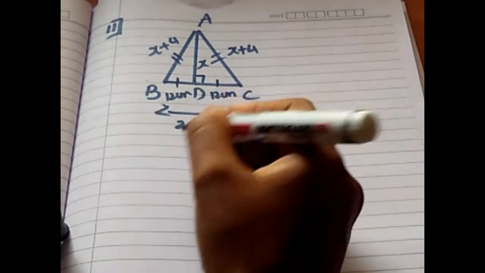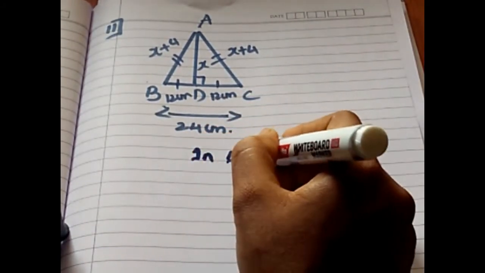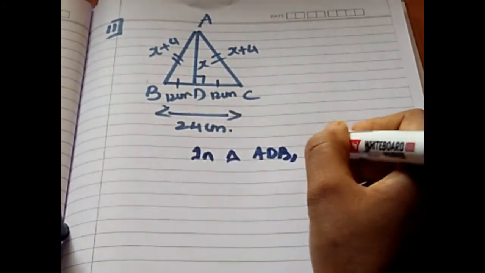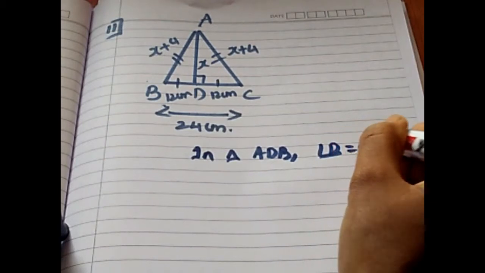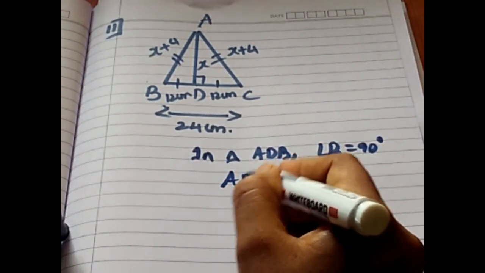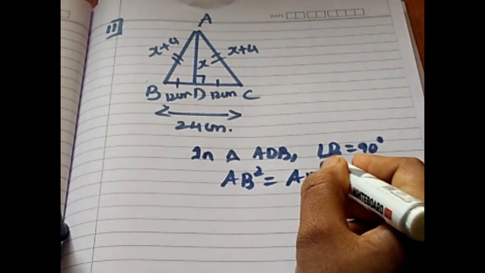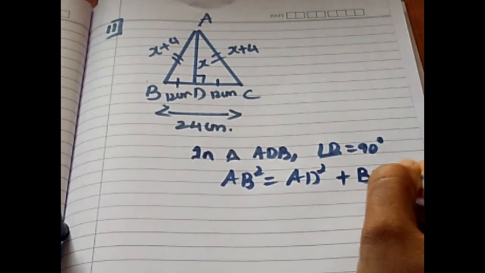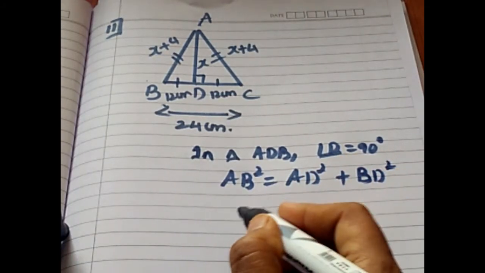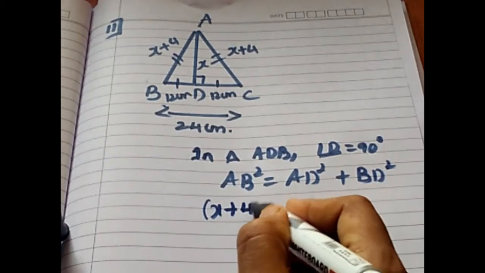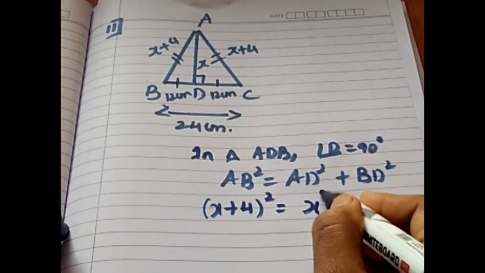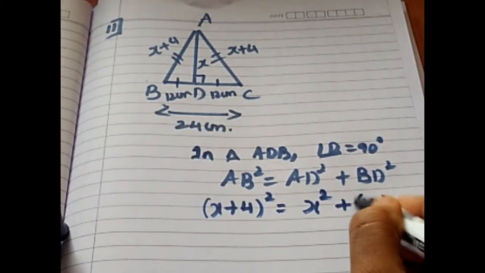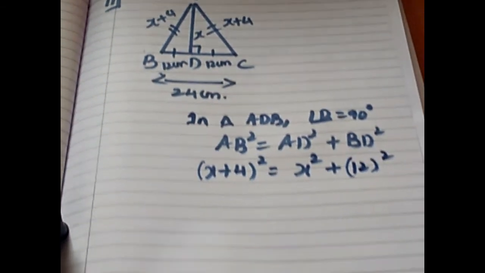So in triangle ADB, angle D is 90 degrees. Therefore, AB square is equal to AD square plus BD square. So AB is (x plus 4) whole square, AD is x square, and BD is 12 square.